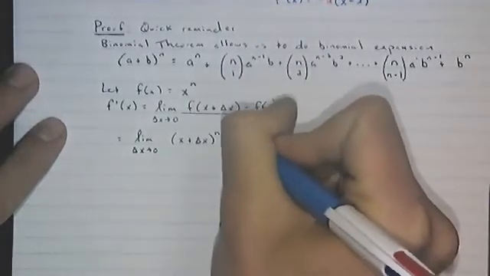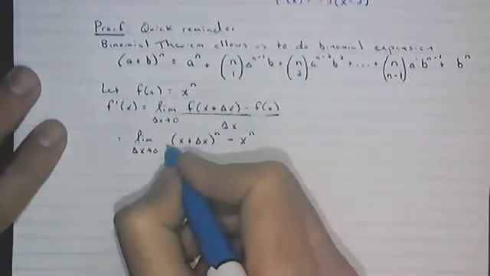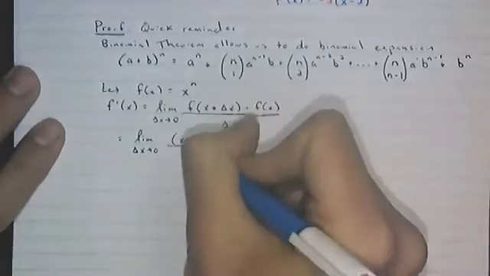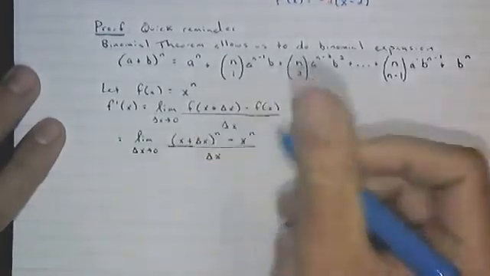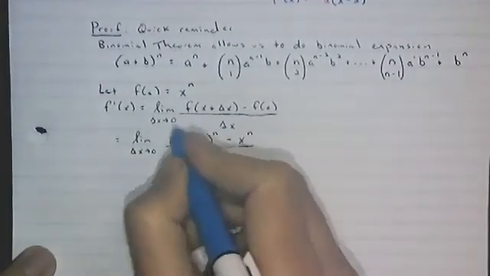Minus f of x, which is just x to the n, all divided by delta x.